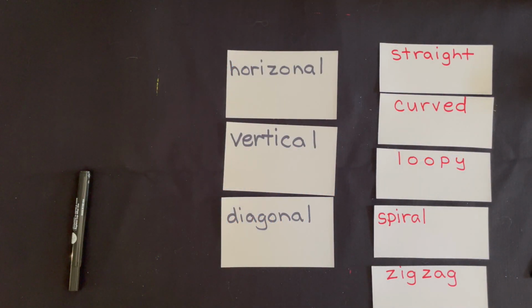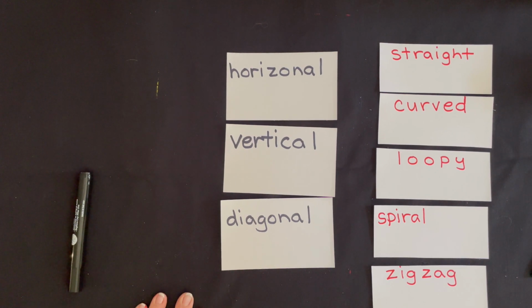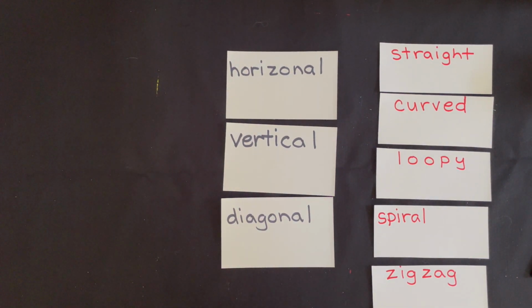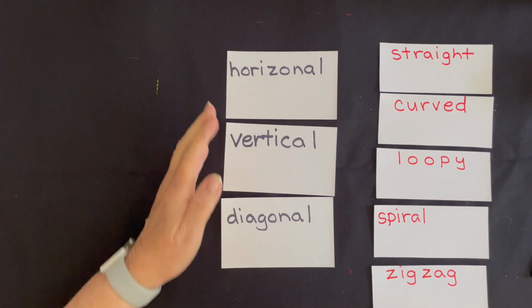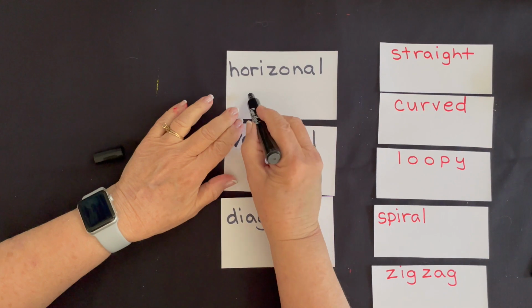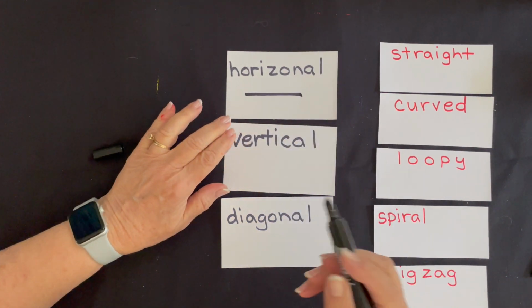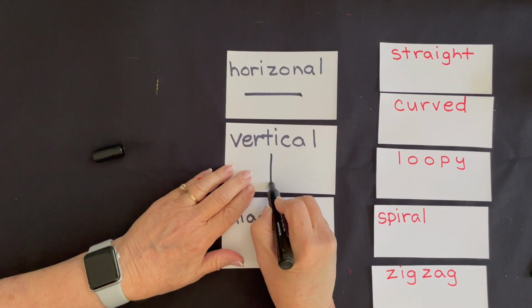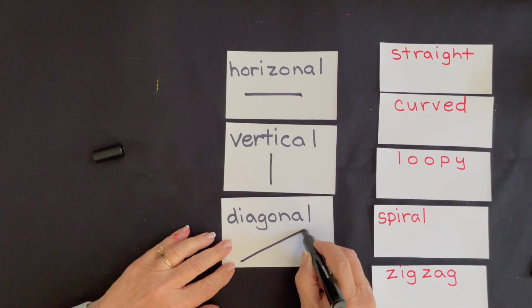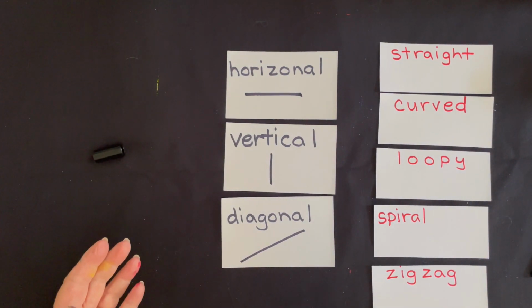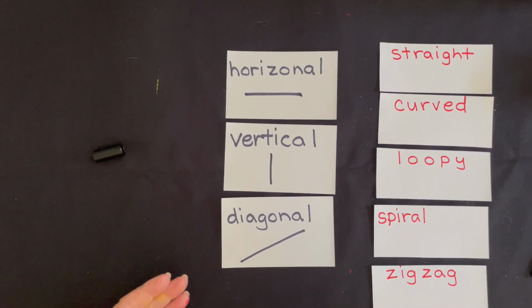Before we get started on our abstract design painting, I would like to review a few of the terms that we've gone over so far. First, the directions of your lines. Horizontal, which goes from side to side, vertical, which goes up and down, and diagonal, which goes both up and down and side to side at the same time.